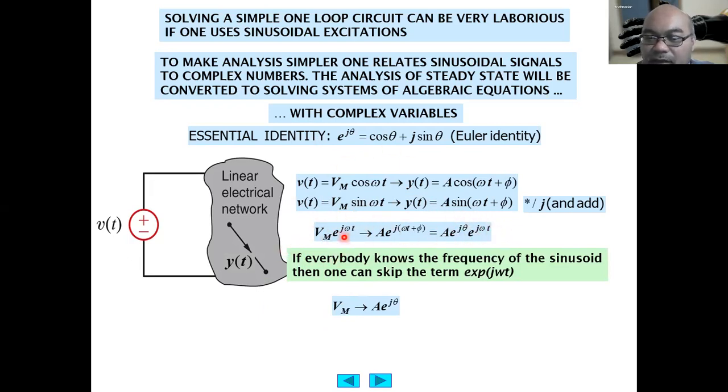Dividing by exponent j omega t, this becomes Vm, and this becomes just A times exponent j theta. So the simplified form maps the independent voltage source Vm, just expressed as a magnitude because we know the frequency is the same, into A exponent j theta, a new magnitude with an introduced phase lagging or phase leading.